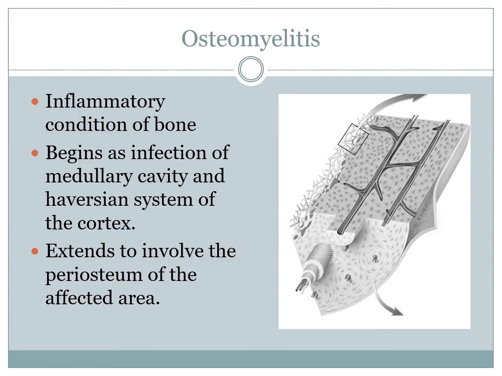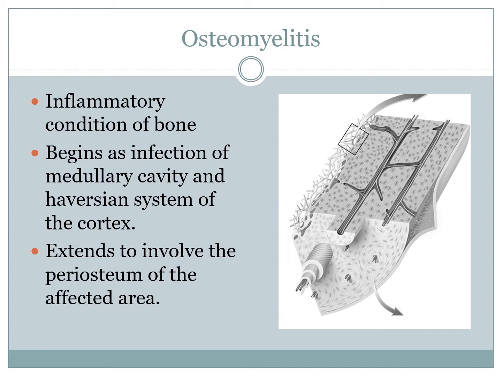So, osteomyelitis is an inflammatory condition of the bone that begins as an infection of the medullary cavity and the cortex, and extends to involve the periosteum of the affected area. There are two processes, mainly infection and inflammation.